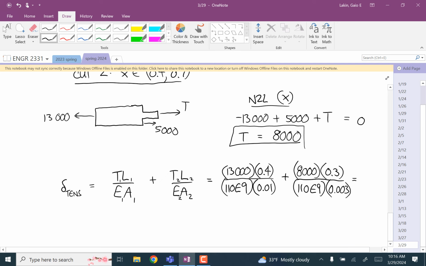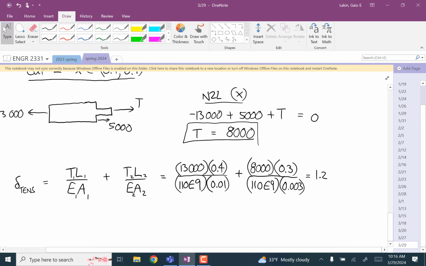And what I got before is 1.2 times 10 to the minus fifth meters.